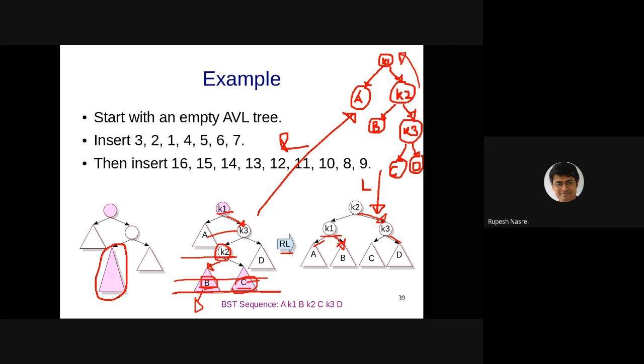Maybe I have not drawn it properly, but A could be at the level of K2, at the level of B and C's roots, or at B and C's leaf-1 or leaf-2 levels also.